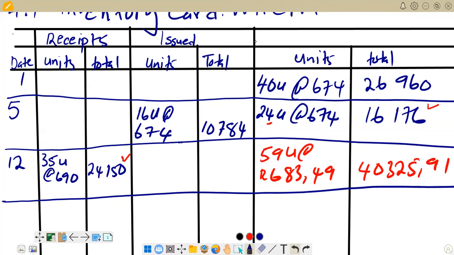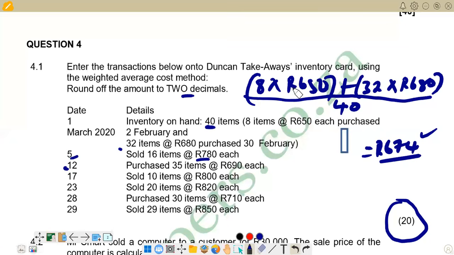Let's try to check what we have on the next. So we are now on 17. We are saying on 17 sold 10 items at 800 each. So when we are selling there, we are concerned about the average that we calculated earlier.